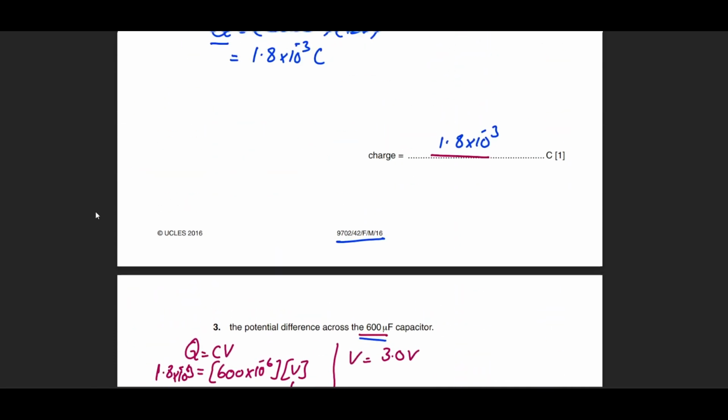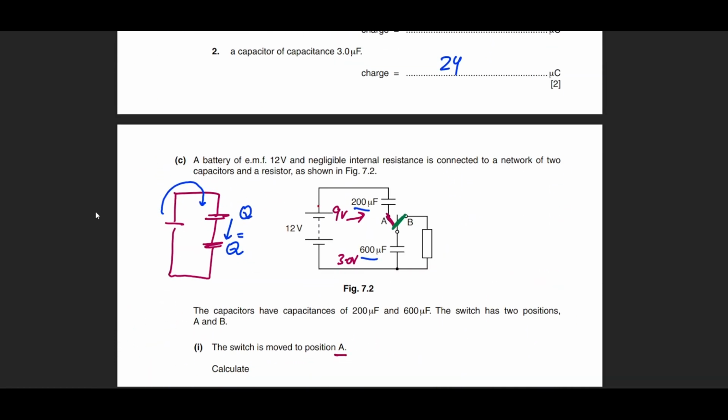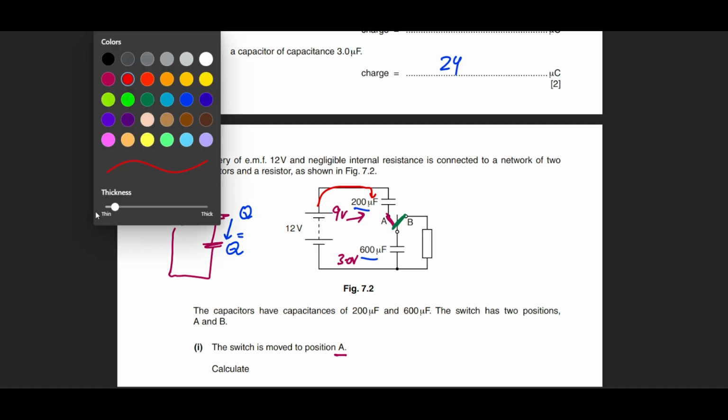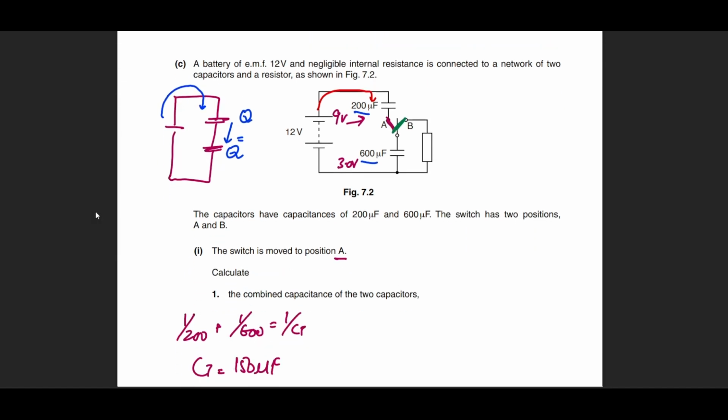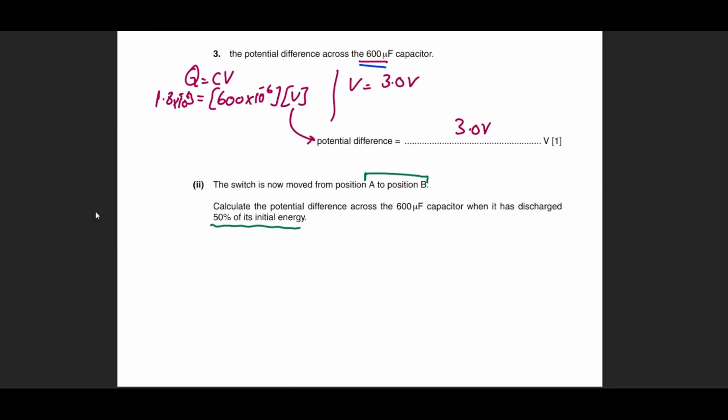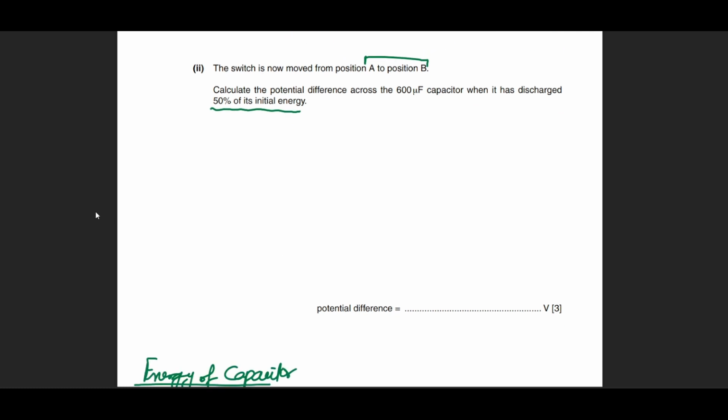So the very wires that are responsible for carrying the charge throughout the circuit are actually the cause of loss of energy. Now, he's asking me to find the voltage at 50% energy. First we find the initial energy, which is half CV square. So 1/2, the capacitance is 600 microfarad, 10 to the power minus 6, and the voltage is 3 squared.